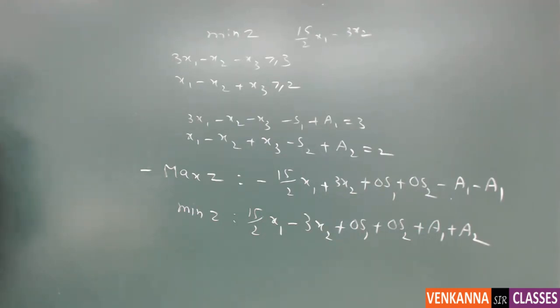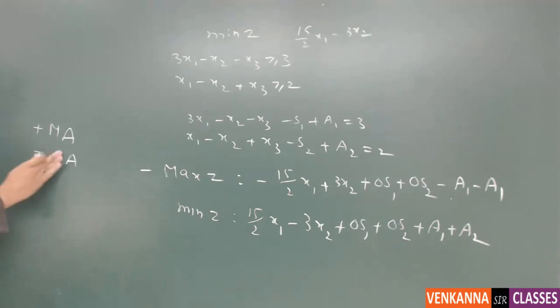Please understand that while describing the big M method, I said whenever you introduce the artificial variable a in the objective function, we will write its coefficient as M a or minus M a depending upon the objective function. If it is minimization, we write plus M a. If it is maximization, we write minus M a. Can you recognize that point? That's why, since we are taking M as 1, I will write like this.